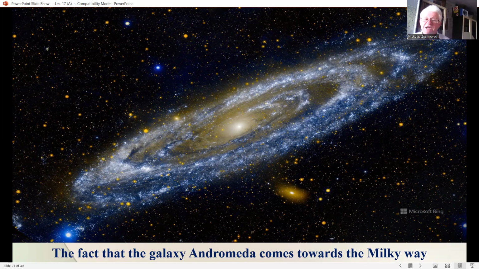Also, they retain plenty of gas and dust and continue making stars. Galaxies in clusters or isolated galaxies, not in any cluster, are unlikely to have collided with similar-sized galaxies, so they remain spiral. Okay?